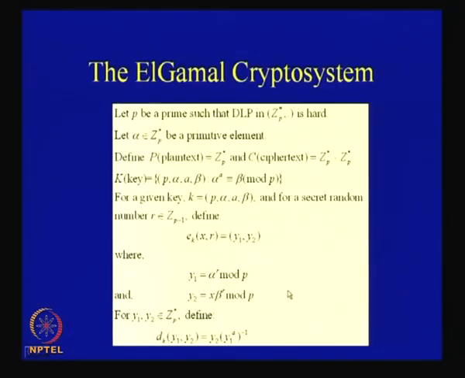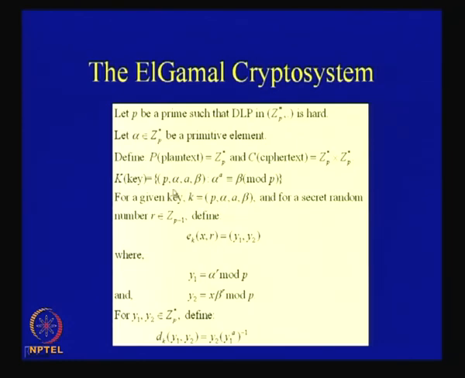Now, it has various applications. For example, we have studied the application of the discrete logarithm problem to the ElGamal cryptosystem, where we have two components in the ciphertext. Suppose we want to encrypt a plaintext x. We choose the constants of the group.